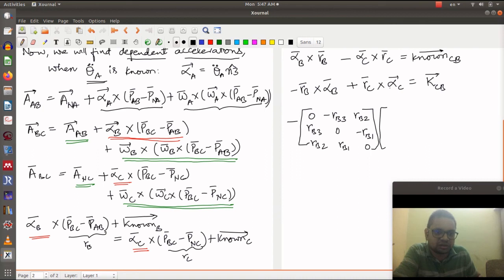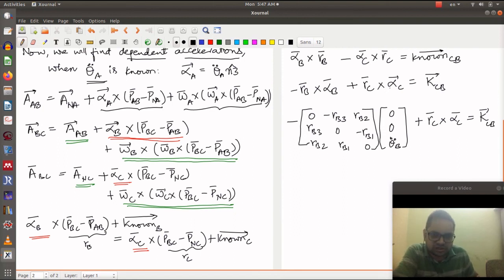multiplied by 0, 0, theta B double dot, plus RC cross alpha C equal to KCB.